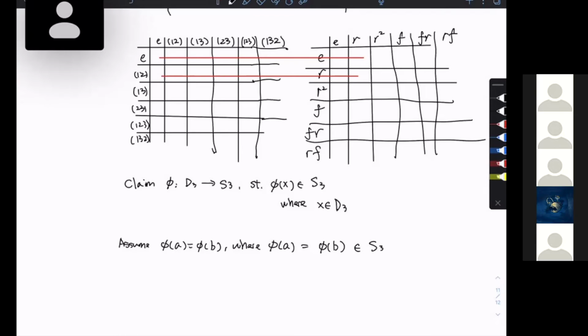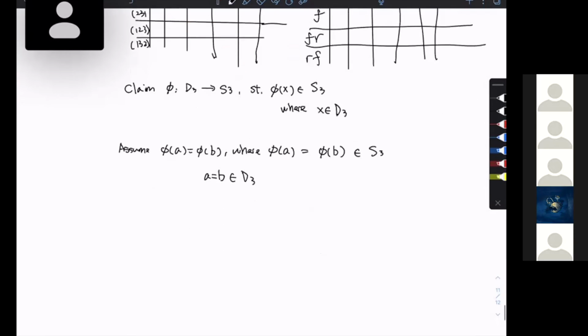So we can find the relationship that A equals B on the left-hand side. This is very obvious because the mapping is just from the left cell to the right cell. So if two cells are actually the same thing, we can find exactly the same elements on the left side. The next one is to prove the onto.